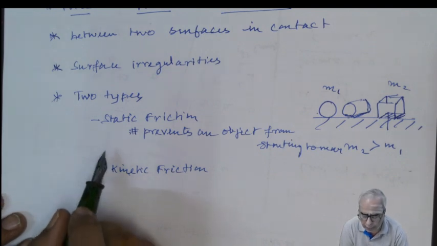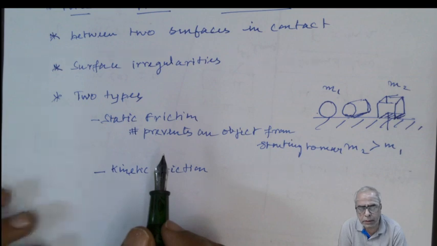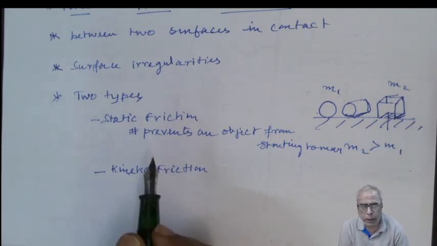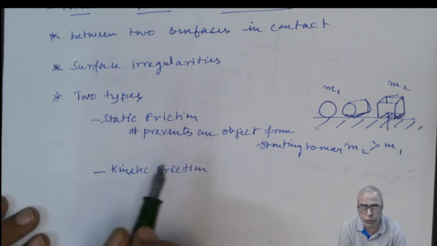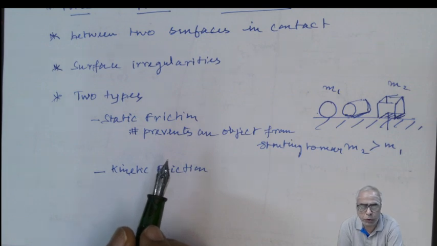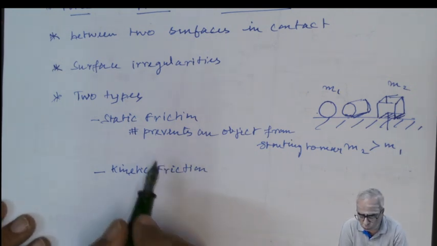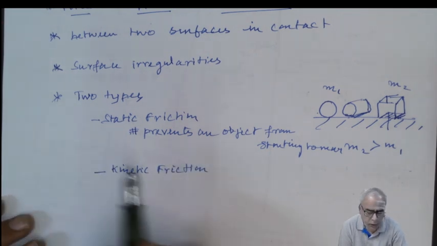When the force acting on the opposite side exceeds a certain threshold, that is the static friction force, at which point the object begins to move. So till then it will be preventing. You have to put in certain effort.